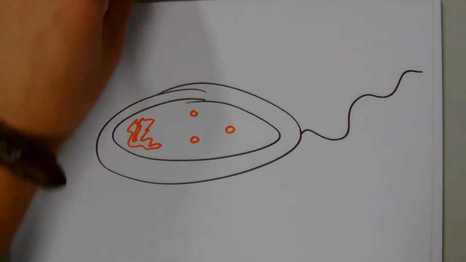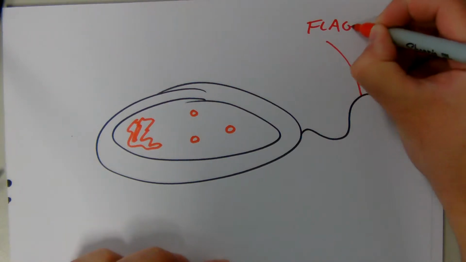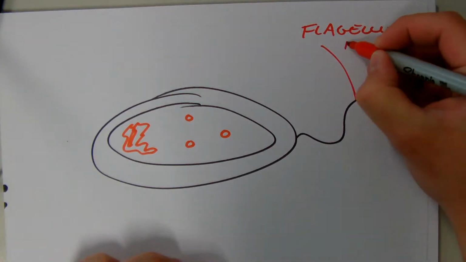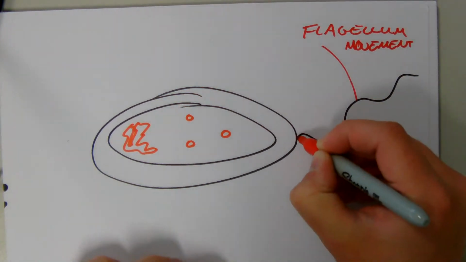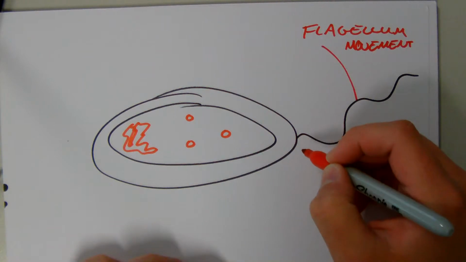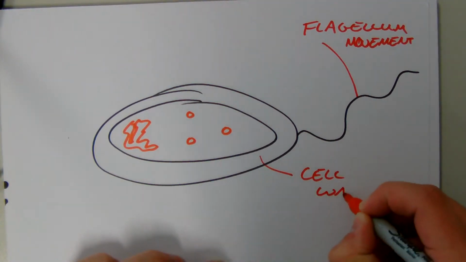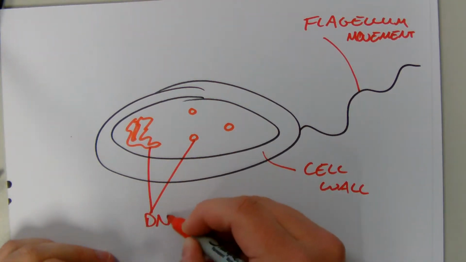Right, so very quickly, my flagellum is for movement, but not all bacteria have them, and some have loads. And it's actually a pretty cool little motor in there. If you do get a chance, have a look at the flagellum motor. It's pretty amazing. My bacteria also have a cell wall, and they have two different types of DNA.